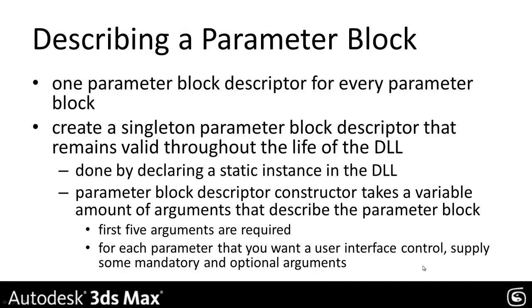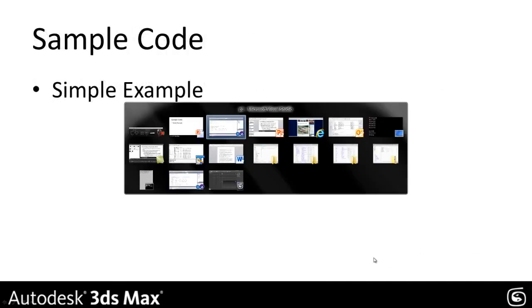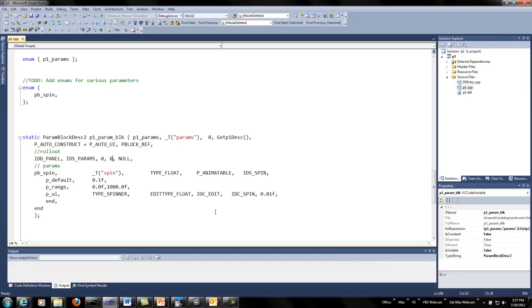Okay, so let's take a quick look at some sample code. So I used the plugin wizard to create this. So here's an enum that describes the parameter block itself. So this is the P1 params. Here's the enum that describes the parameter. So typically this enum would have multiple entries if there were multiple parameters.